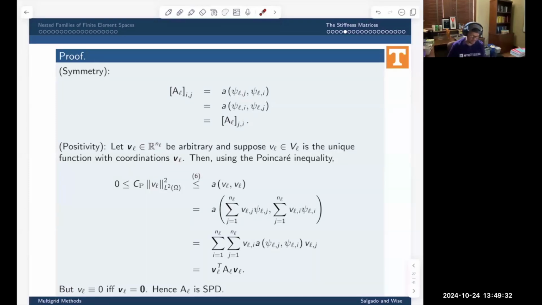All right, so this says this is equal to 0 only if VL, the coordinate vector VL, is equal to 0 itself. Otherwise, it's greater than 0. And then this, of course, means that the matrix that we wanted is positive definite. So that's the positivity. So we have symmetry and positivity.